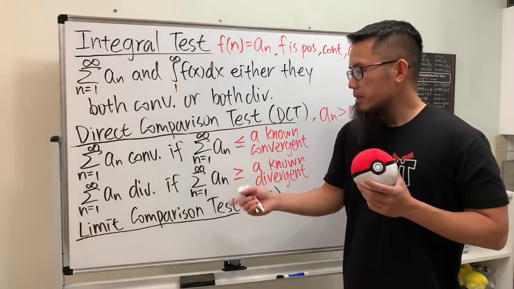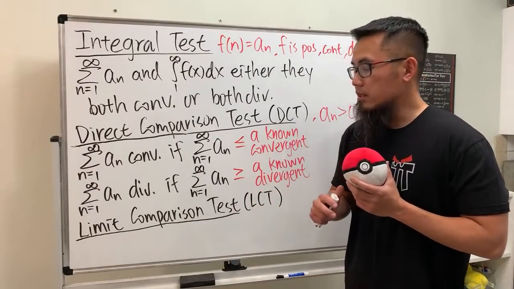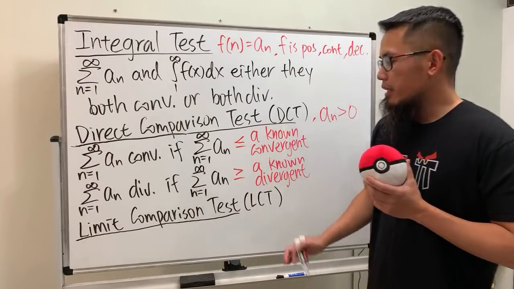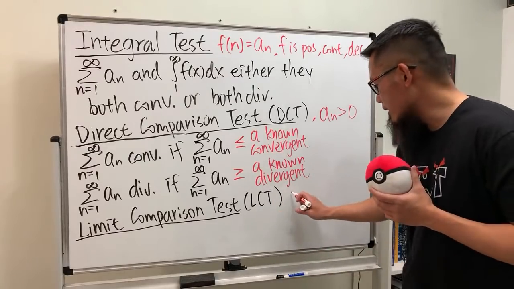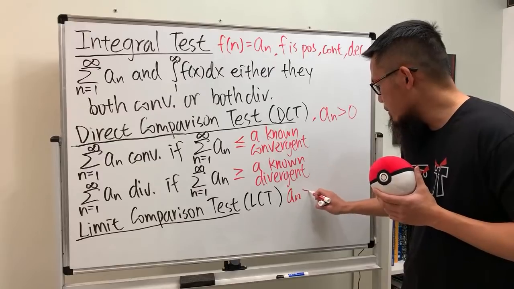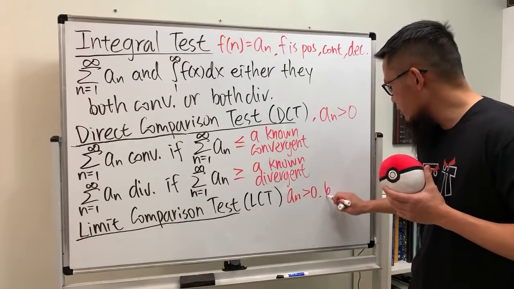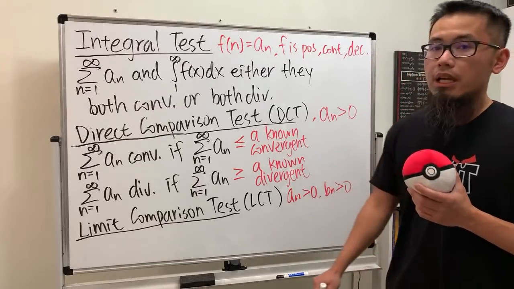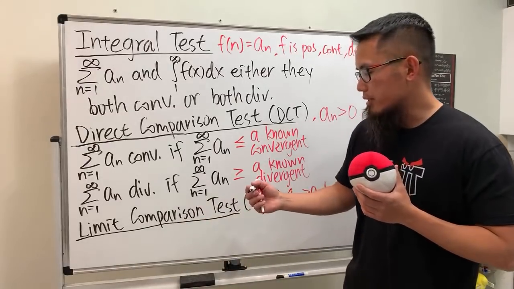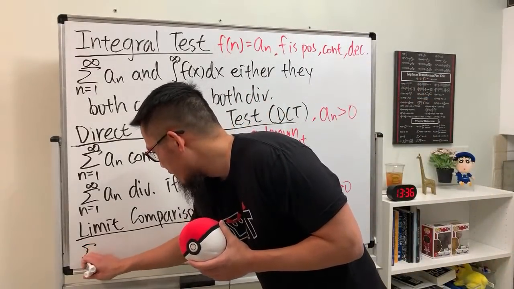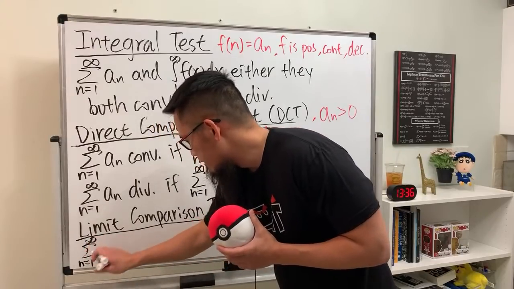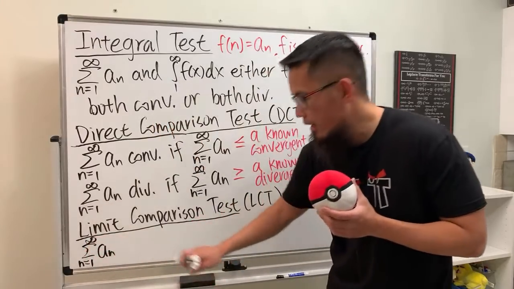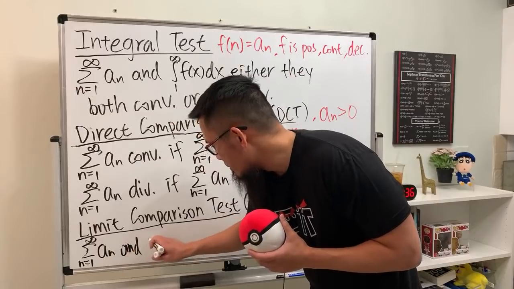But anyway, the limit comparison test is the following, right? Here we are going to use two series, an and bn. So let's say here we have an, that's positive terms, and also bn, that's also positive terms. Right here, when we have the limit comparison test, we will just say the series of an and the series of bn.